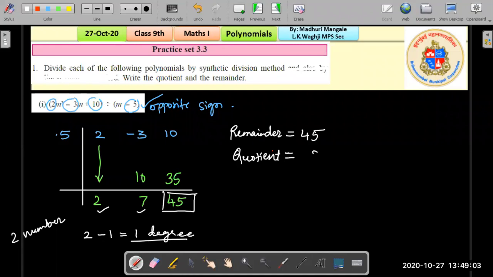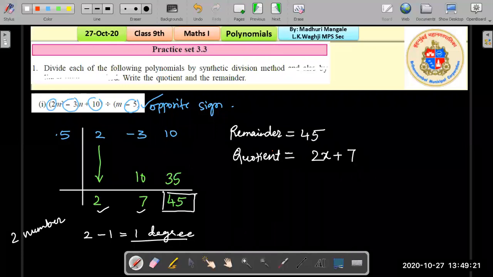Okay, so 2 and 7, simply we write x over here, because the degree is 1. Writing 1 or not writing 1, that doesn't matter. X raised to 1 is the same as x, right? And we put a positive sign here. So that gives us the quotient, 2x plus 7. Okay, that completes the synthetic division. I hope this is very clear. Let's look at a few more problems.